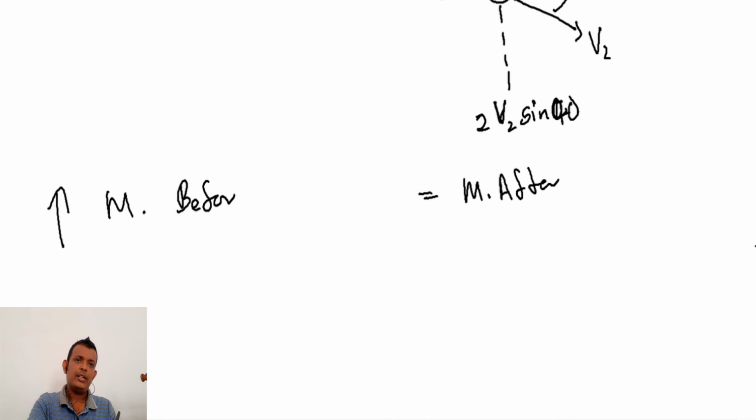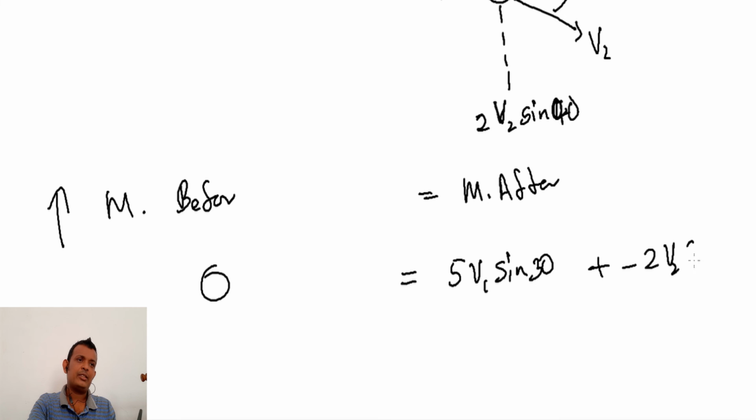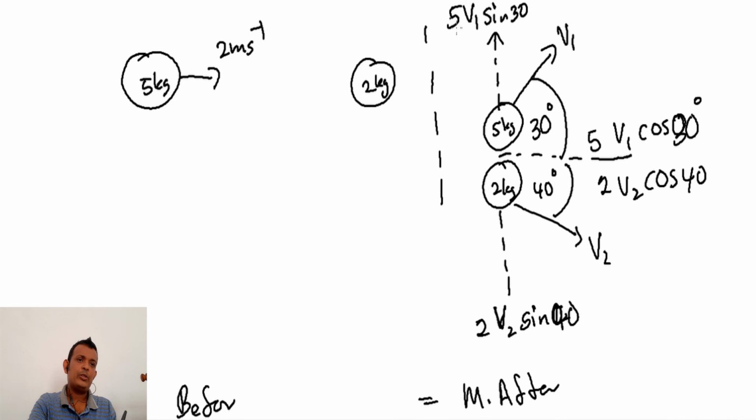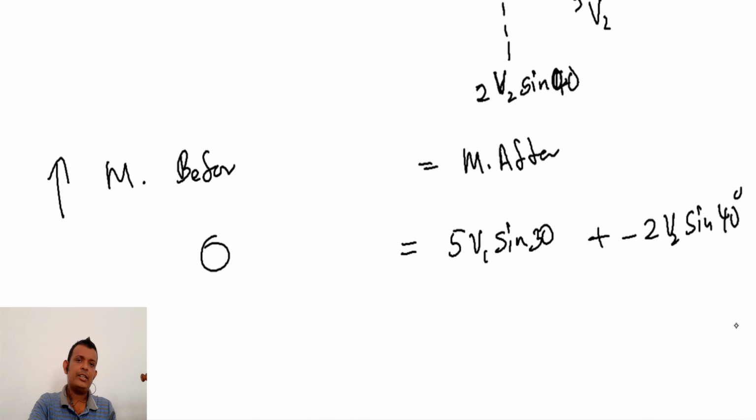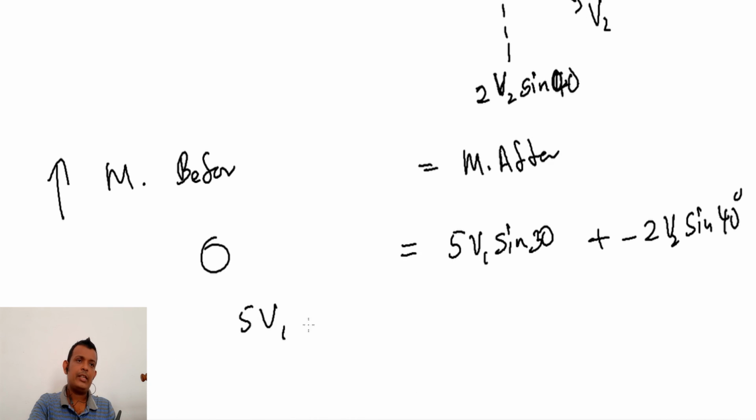Initially 0; upward we have 5 v1 sin 30, and the other one is in the opposite direction, so minus 2 v2 sin 40. So I get 5 v1 sin 30 equals 2 v2 sin 40. This is my first equation.